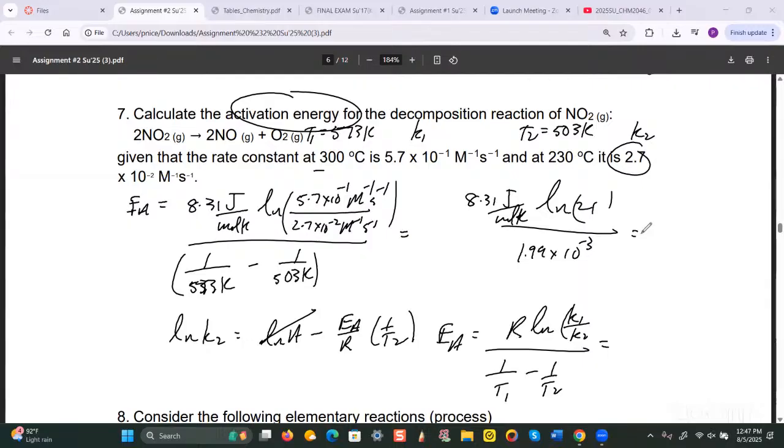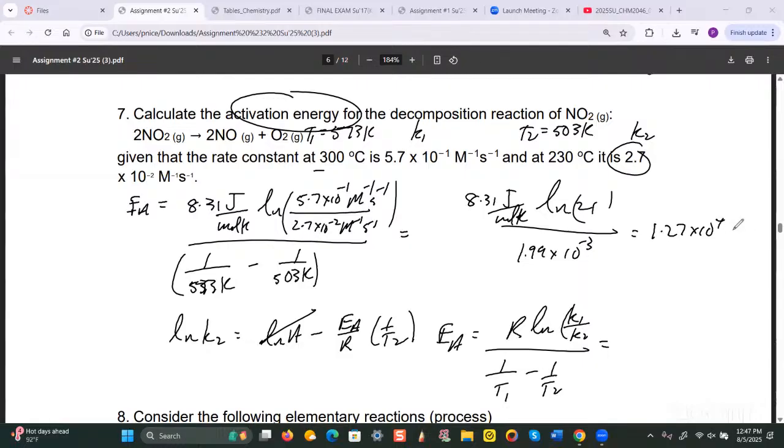That should not be negative. Let me do this again. Okay, rounded off to 3 sig figs, that's going to be 1.27 times 10 to the 4.